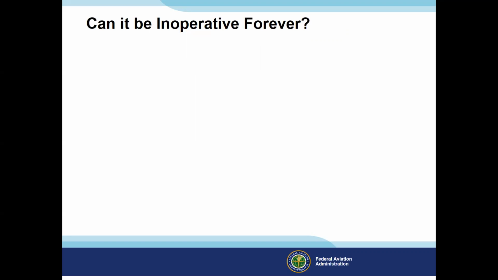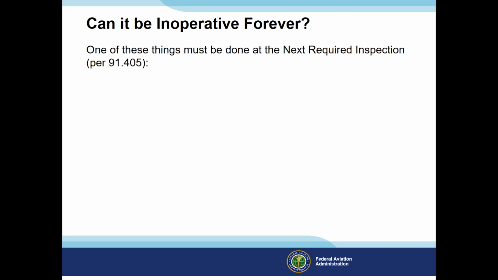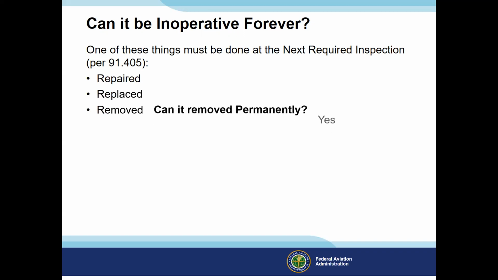So can it be inoperative forever? Well, one of these things has to be done at the next required inspection under Part 91.205. It has to be repaired, replaced, or removed. Can it be removed permanently?